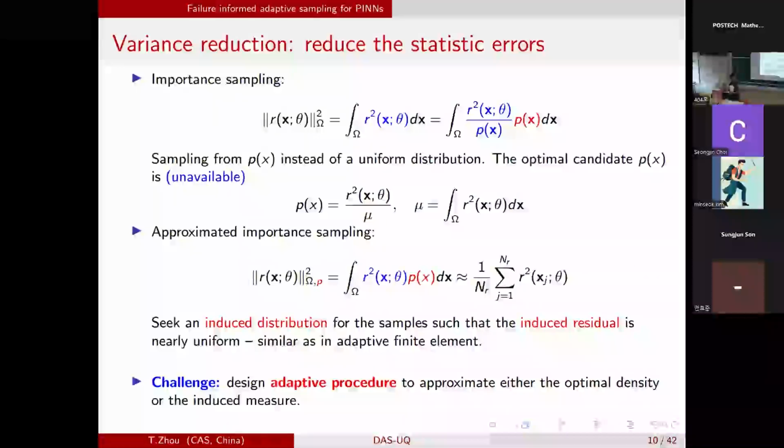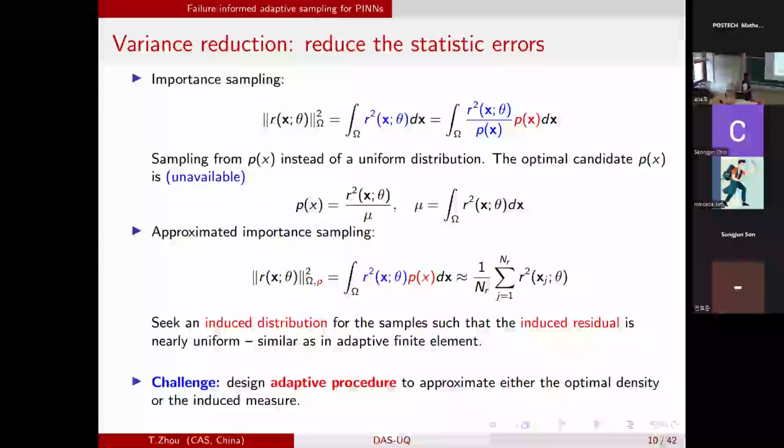But the problem is that this residual is unknown. So the optimal way exists, but currently you don't know the exact residual here. So the optimal is there, but in the current step you can't use it. So the problem is very clear.